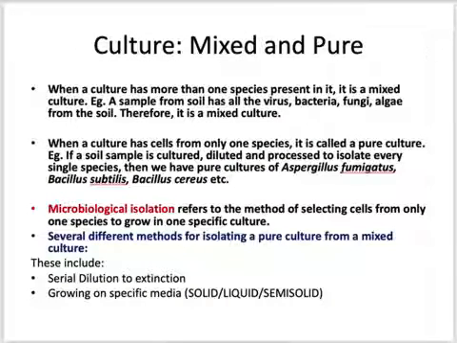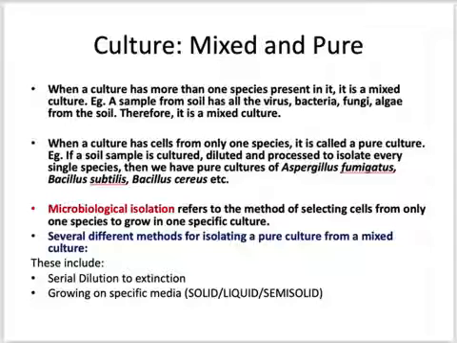Now, when we culture bacteria, we can culture it in different ways. Suppose you take a soil sample and you want to grow the bacteria of that soil sample in the media.